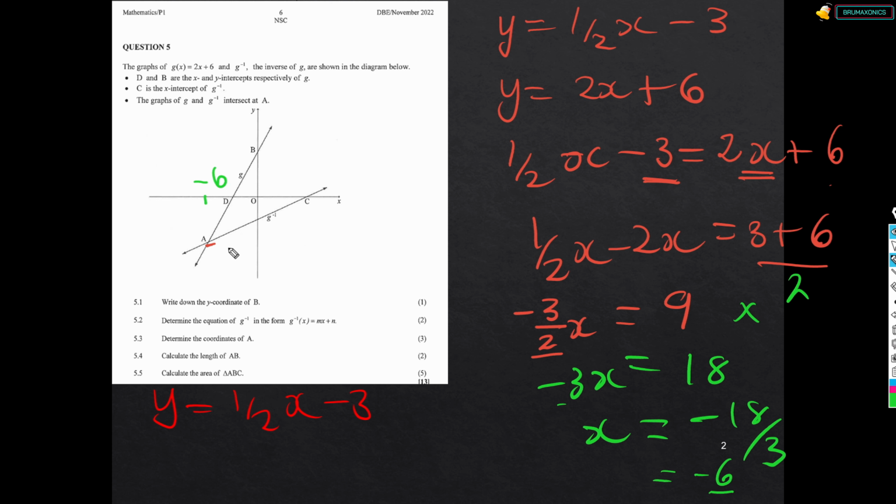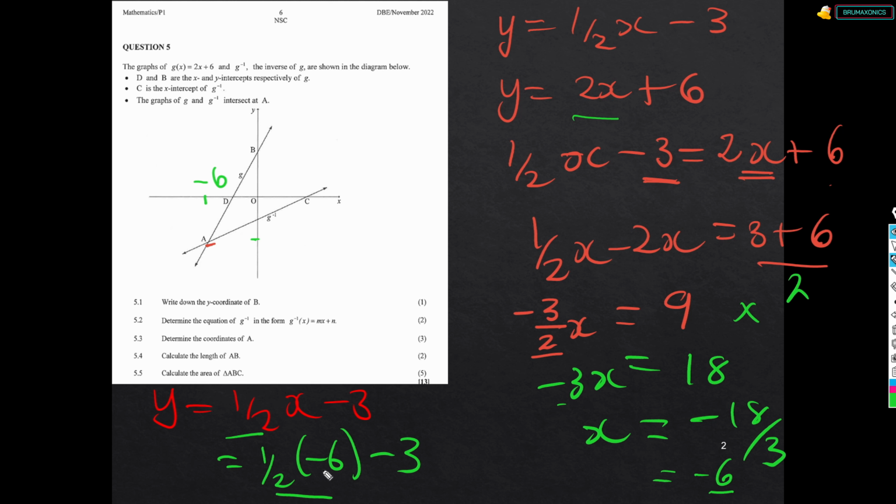Negative 6. And if x is at negative 6, it means that we can now substitute into maybe this equation or this equation to get the y value. So here if we say half of negative 6, minus 3, what will this be?